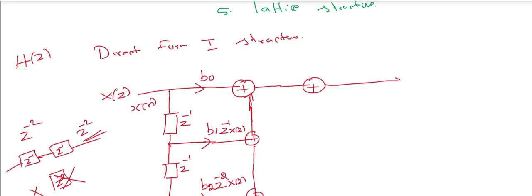The output of this will be y of n, that is y of z. In the difference equation it will be y of n. Here the delay element is represented by unit delay z inverse. So what are the coefficients here? Minus a1, correct? What are the coefficients?